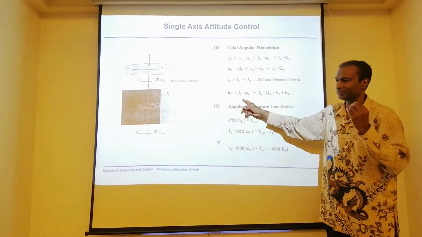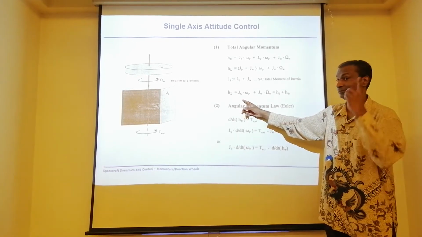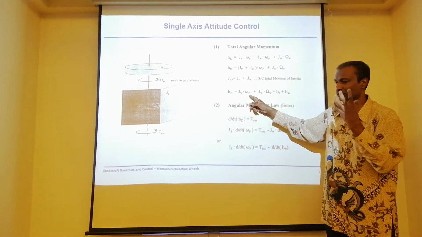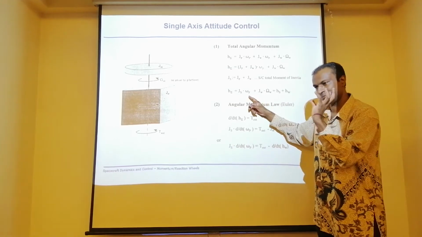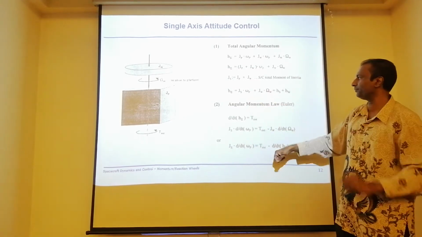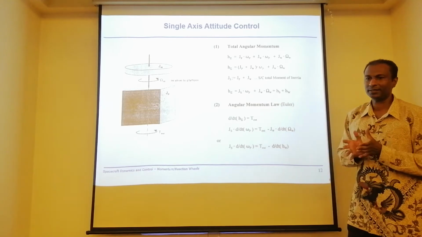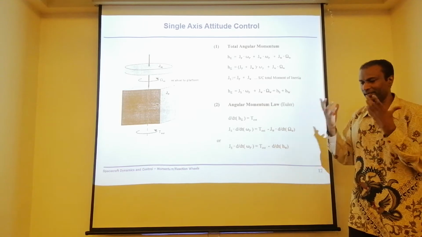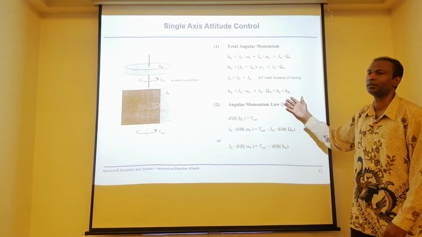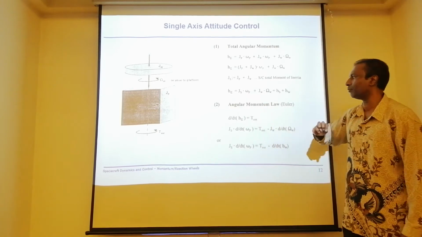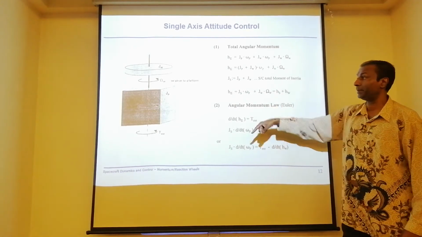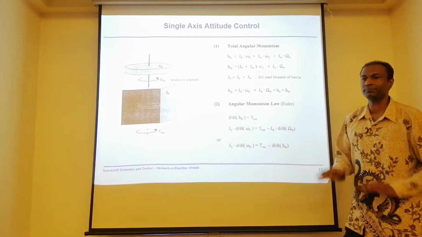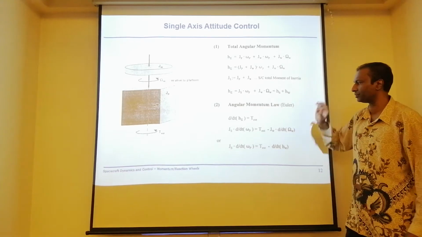The total inertia of the satellite, inclusive of the wheel, times the actual angular velocity of the satellite, which is the platform, plus the angular velocity of the wheel times the inertia of the wheel itself will be my total angular momentum. The total angular momentum of this system would be the angular momentum of the satellite plus the angular momentum of the wheel. Okay, two components.